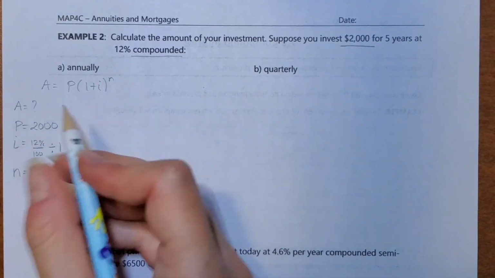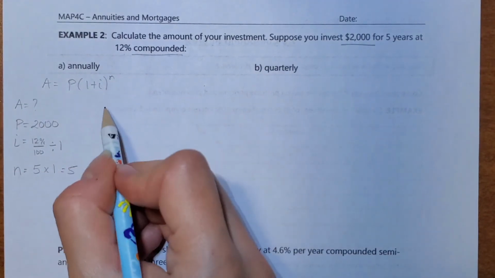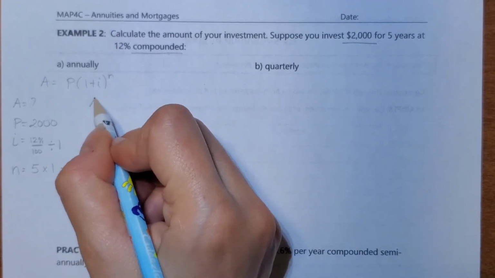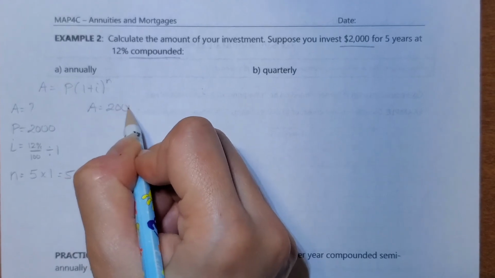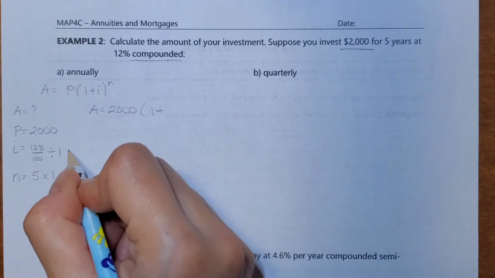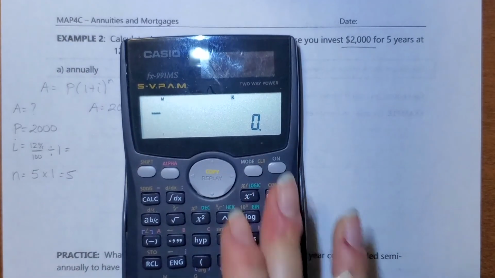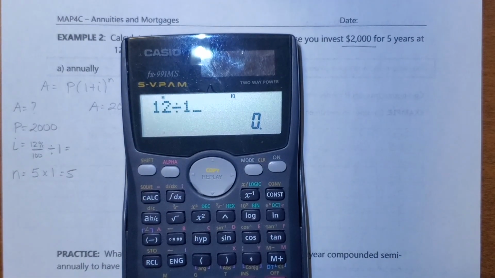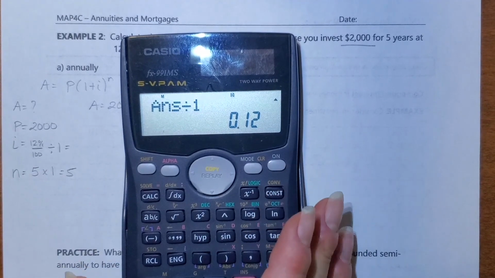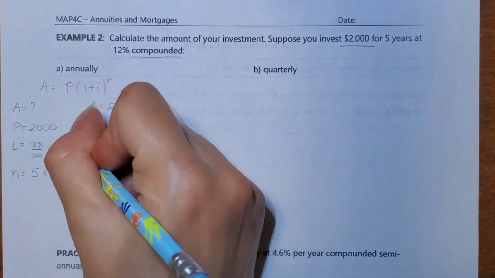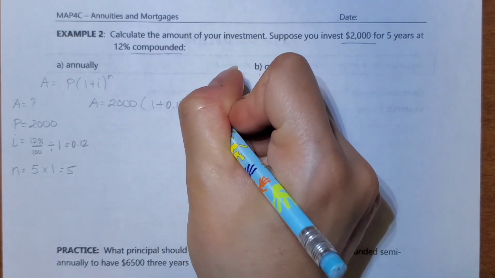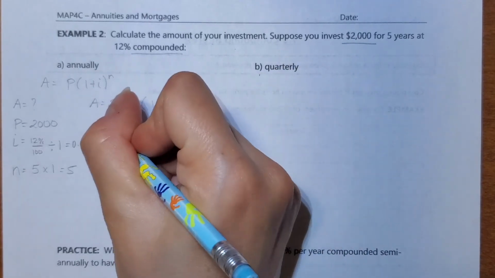So if we substitute these values into our equation, oh, we didn't calculate our interest. Let's do that quickly. 12 divided by 100 divided by 1 is just 0.12. And our N value is 5.